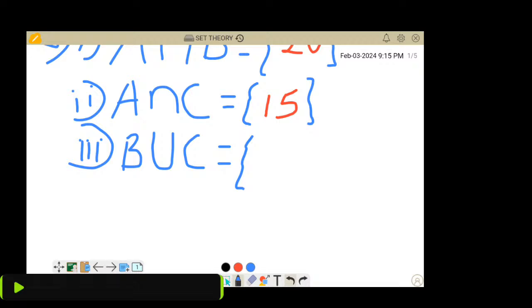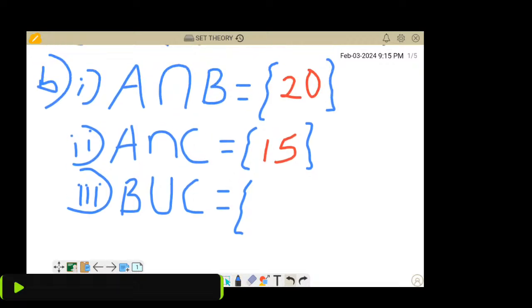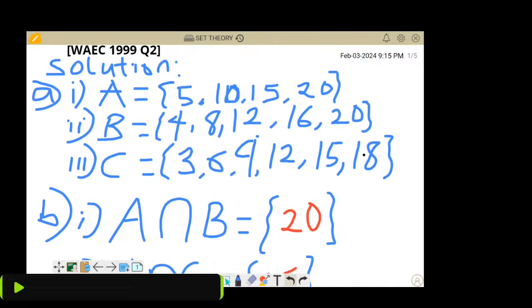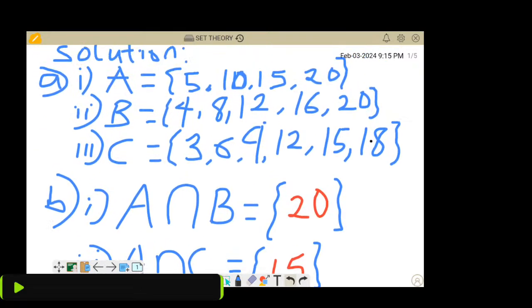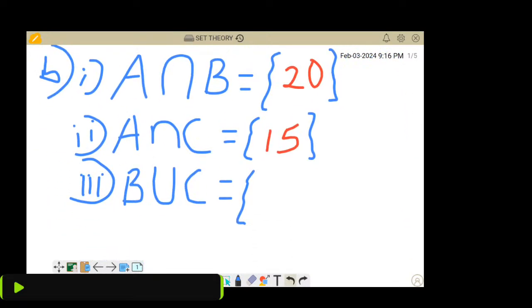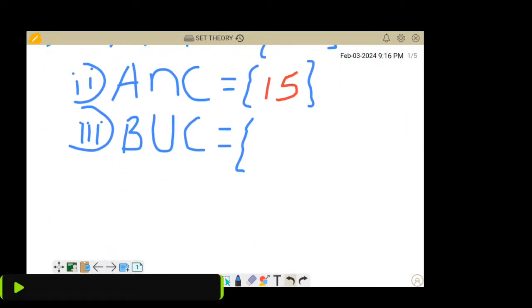That is what union means. We're going to write out all the elements of B and C. Okay, so we can quickly do that.